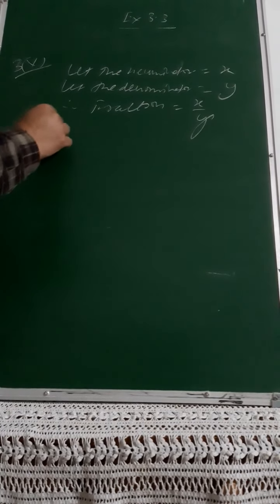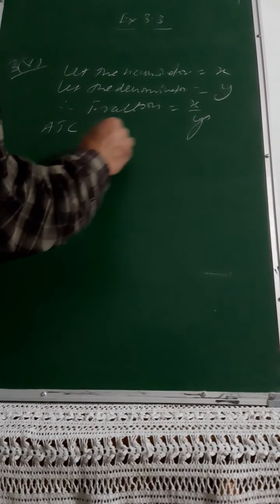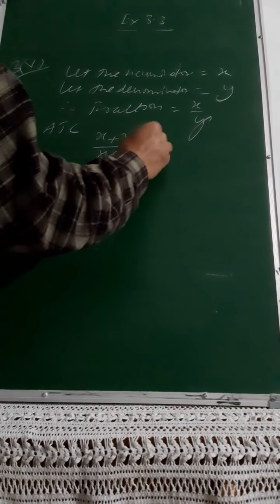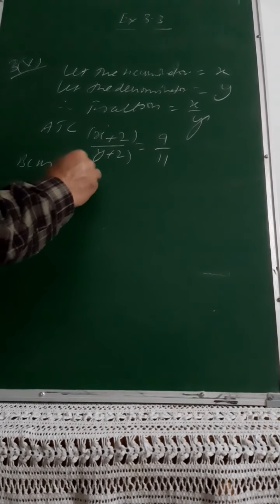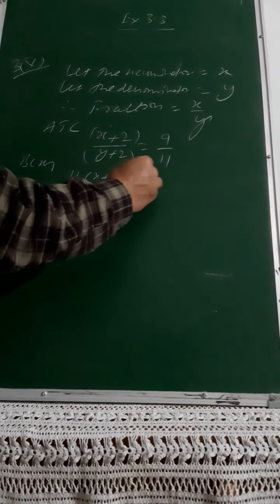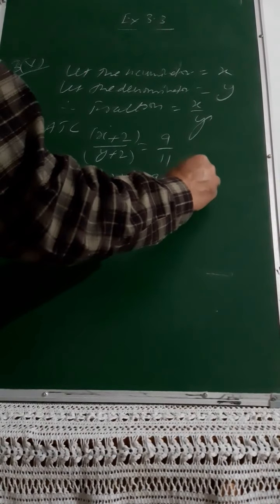Now apply the conditions. What is it asking? A fraction becomes 9 upon 11 if 2 is added to both numerator and denominator. So (X plus 2) upon (Y plus 2), then it becomes 9 upon 11. Put inside the brackets and do the cross multiplication here. So this will be 11 into (X plus 2) is equal to 9 into (Y plus 2).